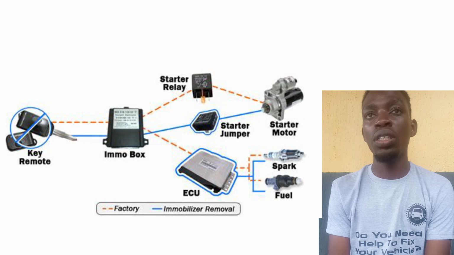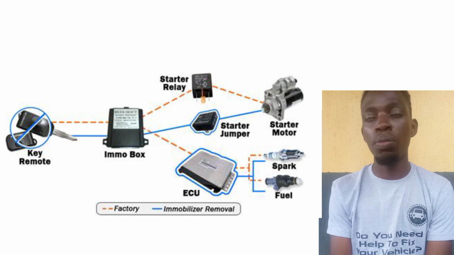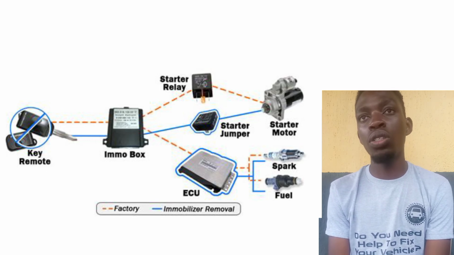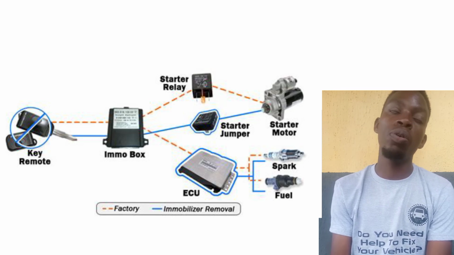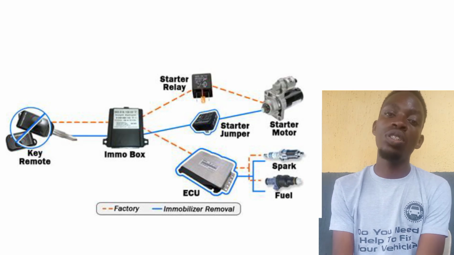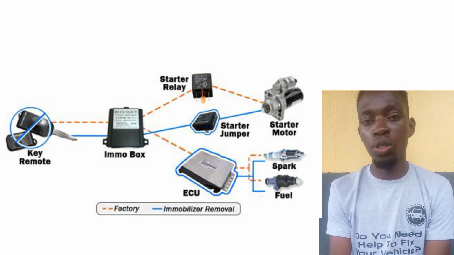And how does that happen? It allows fuel to be supplied to the injector, and also spark to be supplied to the ignition system, and that causes combustion, and the engine begins to run. So that's the protocol behind the key.